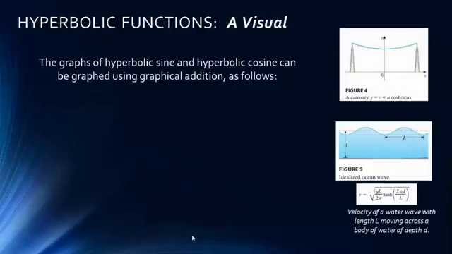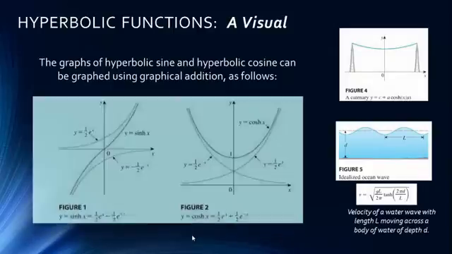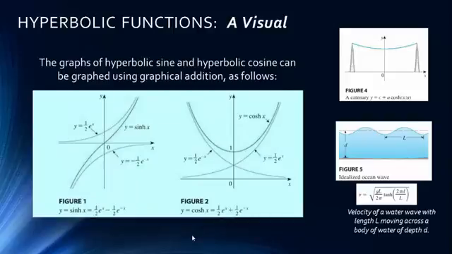We can see the graphs of hyperbolic sine and hyperbolic cosine by doing graphical addition. Remember that hyperbolic sine is e to the x minus e to the negative x over 2, or we could write it as 1/2 e to the x minus 1/2 e to the negative x, and we could see those 2 parts, and then when we add them together, we get this S-shaped curve, almost like a cube, for the hyperbolic sine.